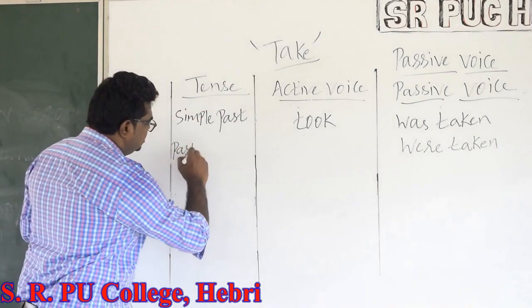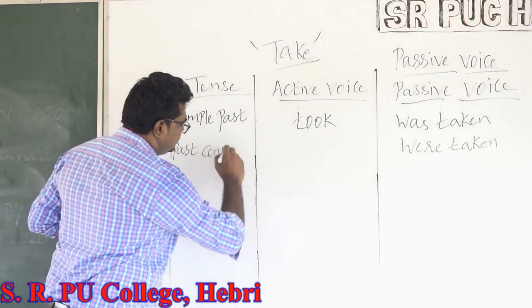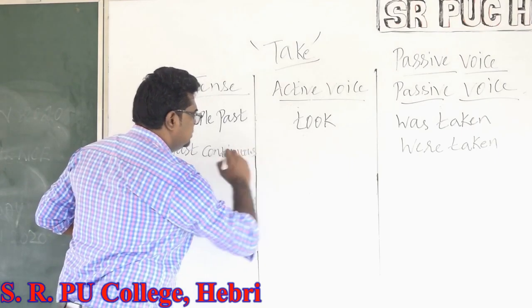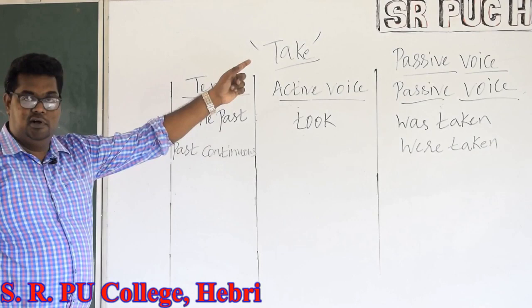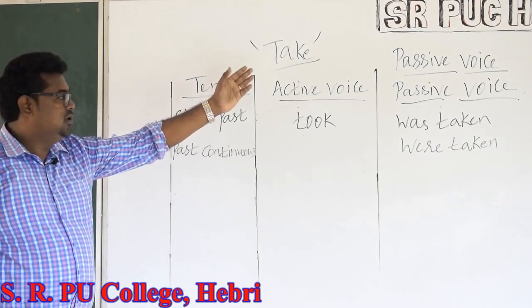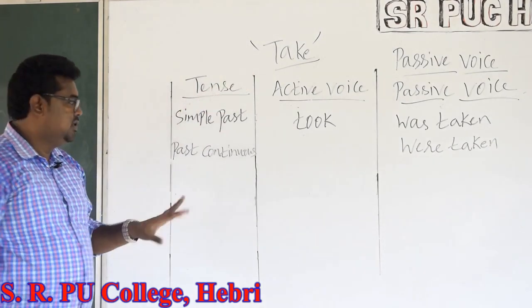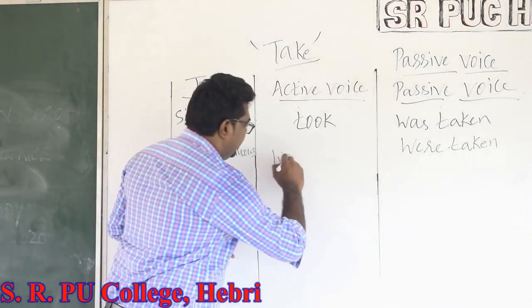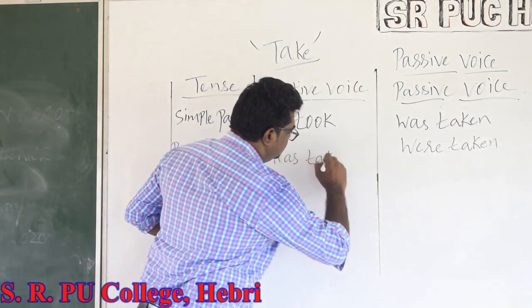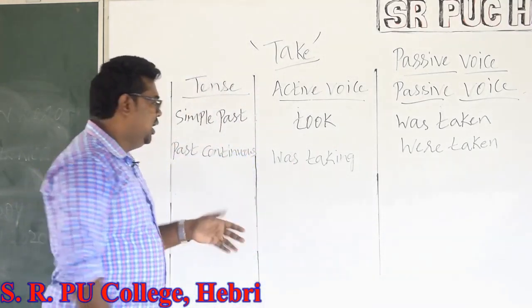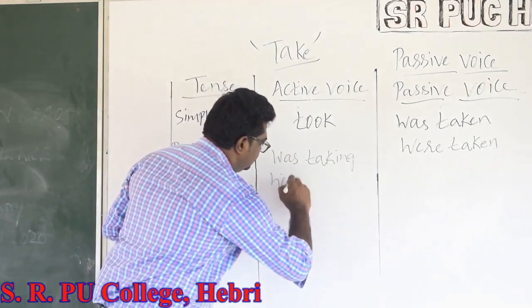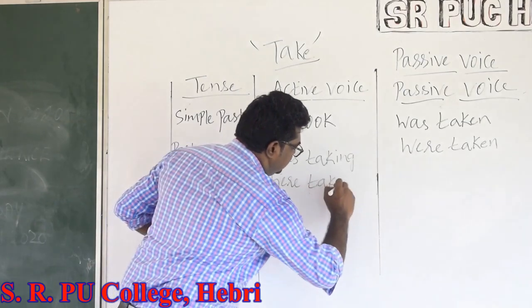Next one is past continuous tense. Under past continuous tense, the main verb take, as you already know, will have two forms: was taking if the subject is singular, and were taking if the subject is plural.